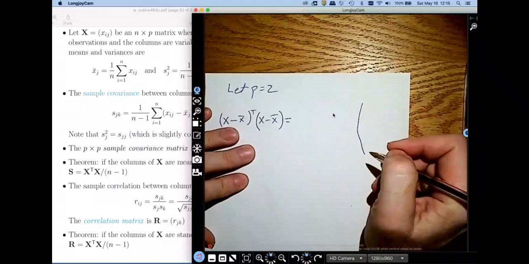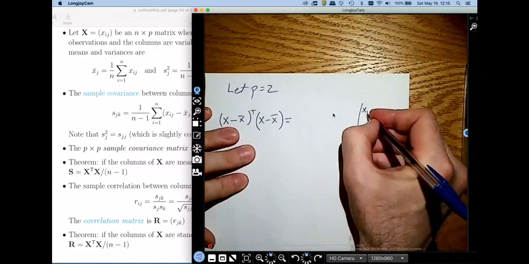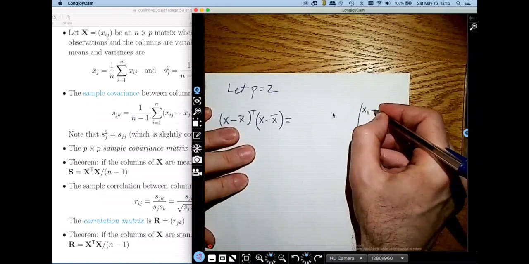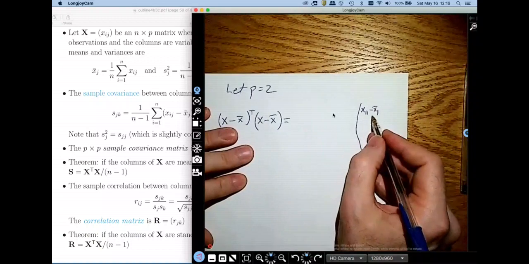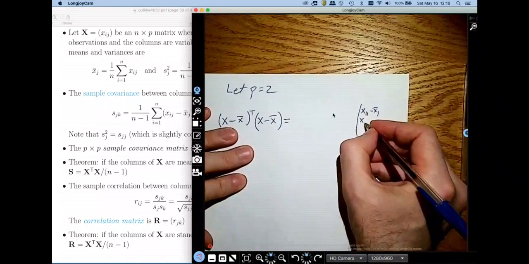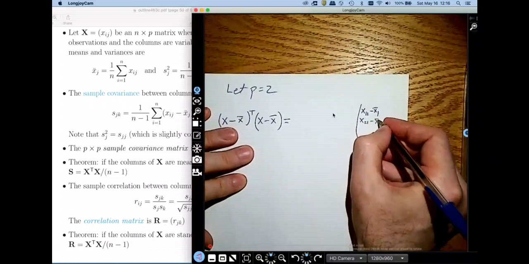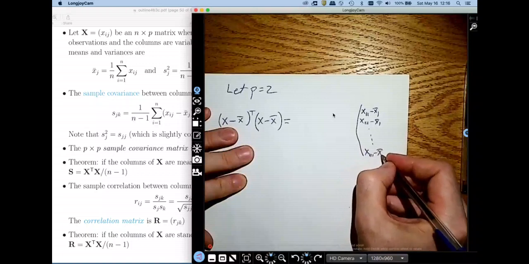So what I basically have here is X11 minus X bar 1. So this is going to be the first entry minus the column mean of that. This would be X21 minus X bar 1 all the way through Xn1 minus X bar 1.